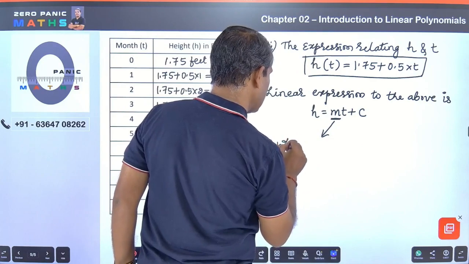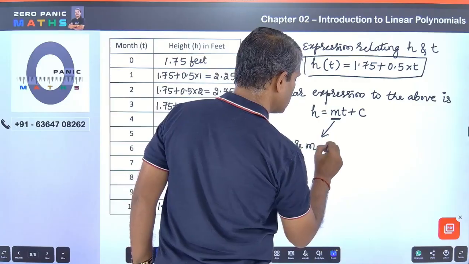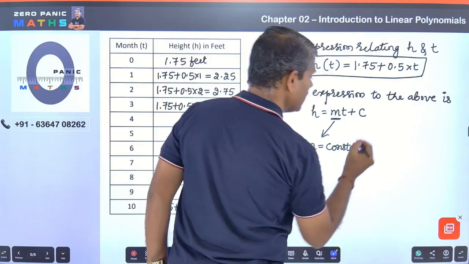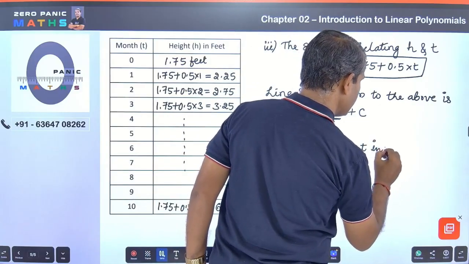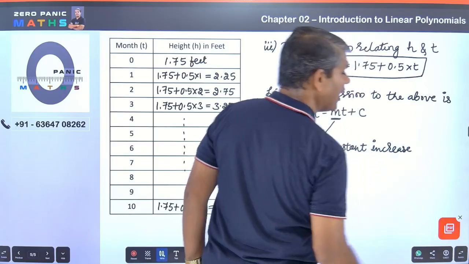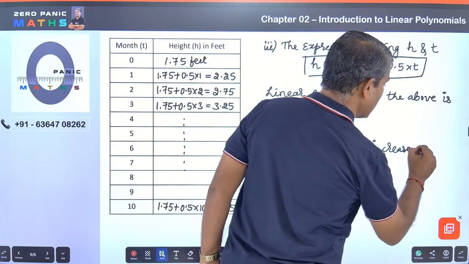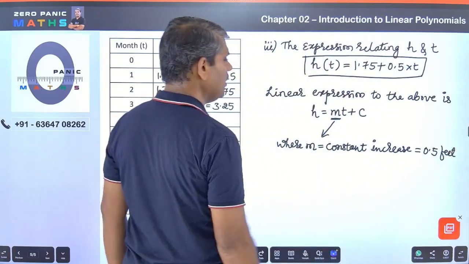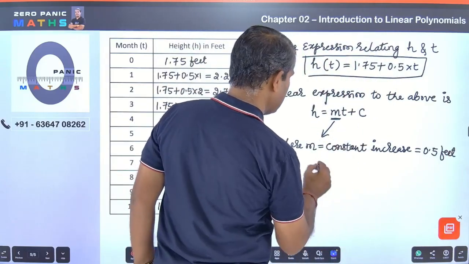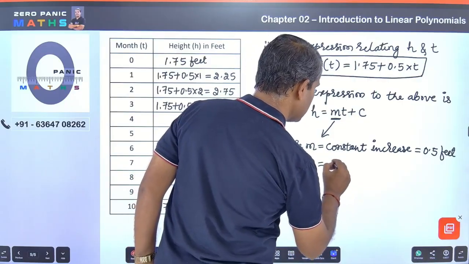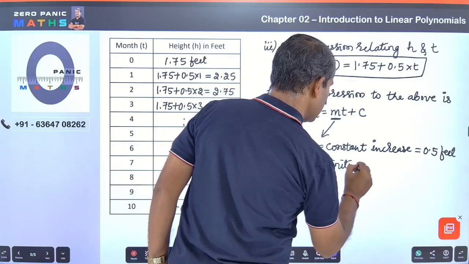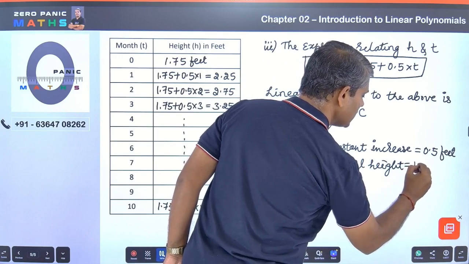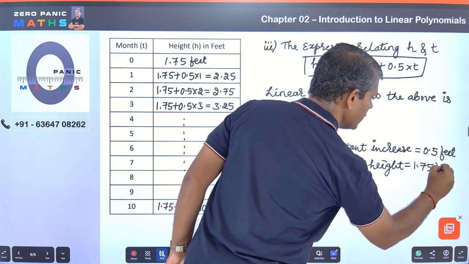I can write where m is equal to the constant increase in value, and that is equal to 0.5 feet. And c is equal to the initial height, and that initial height is 1.75 feet.